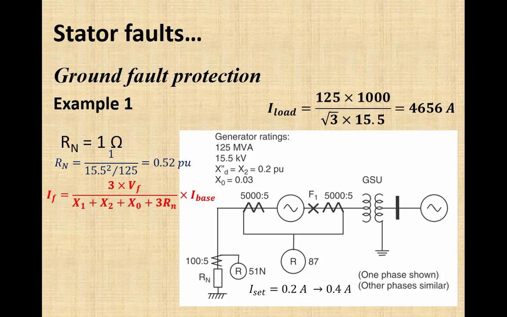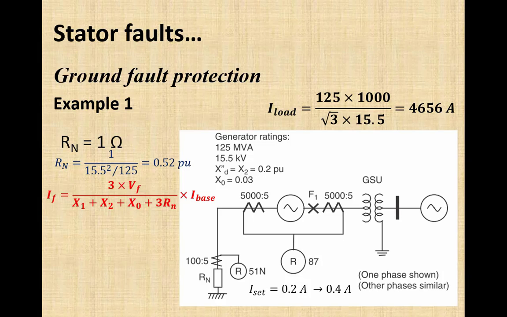And here is the formula to calculate a single line to ground fault. By substituting the values in this formula, where x1, x2 and x0 are the reactances and r is the resistance, the denominator, the sum of all these four values, will be a complex number having a real part equal to 3 times 0.52 plus an imaginary part that is the sum of the three reactances, positive, negative and zero sequence.